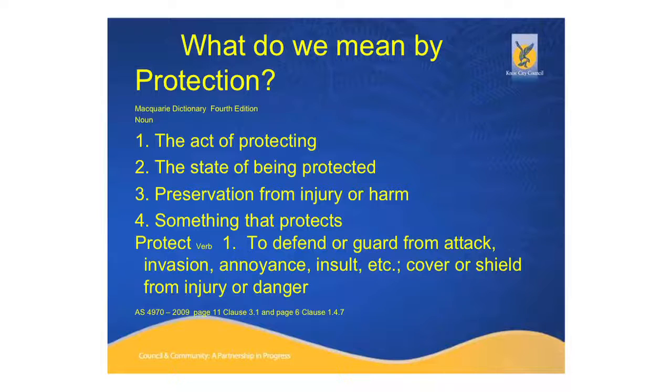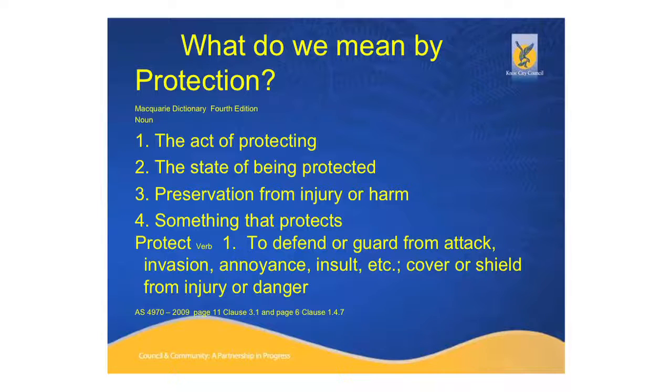And the verb, which is protect, to defend or guard from attack, invasion, annoyance, insult, etc., cover or shield from injury or danger. So I think we get an understanding of when we're talking about trees, like we don't want to see roots damaged or bark torn off or sort of branches or stems cut off. That affects the functioning of the tree.